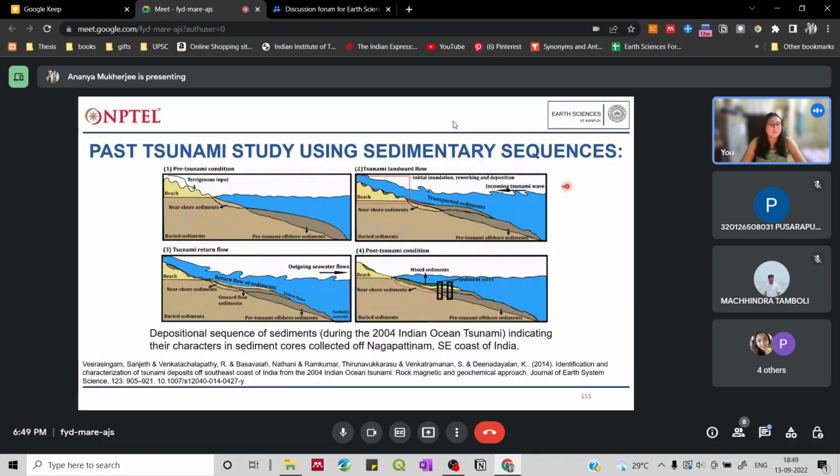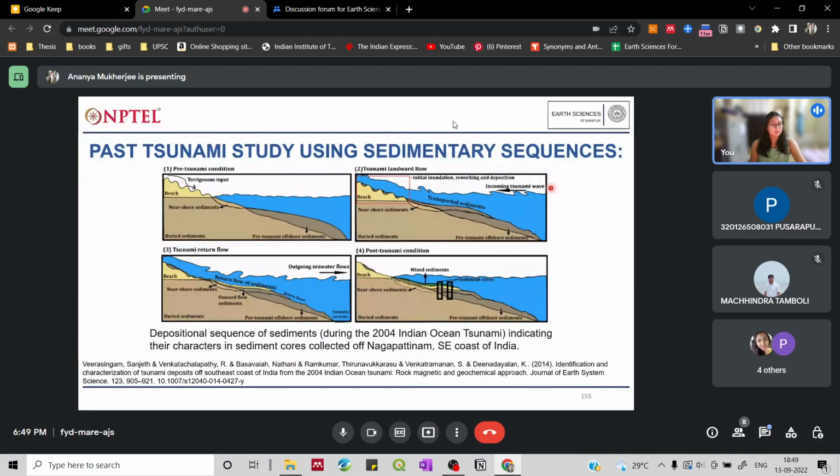Now when the tsunami happens, this is the incoming tsunami. As we have also read before, when a tsunami happens, the sea level will first start decreasing. So it will cause inundation over here.